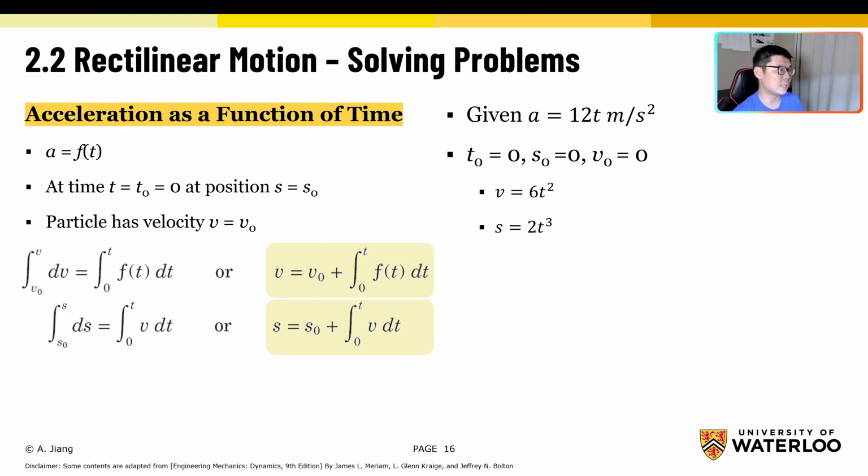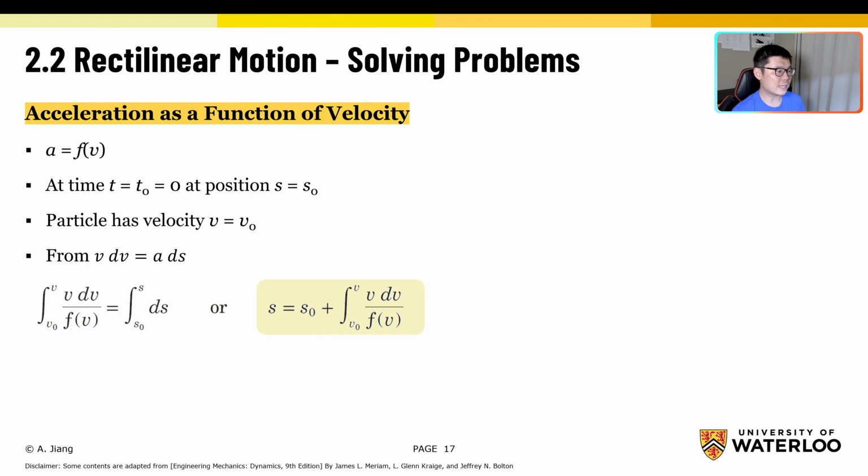For example here, given acceleration is 12t, a function of time, in meters per second squared, and the initial conditions t0, s0, v0 are all 0, we can take the integral going back to get our velocity is 6t squared and displacement is 2t cubed.